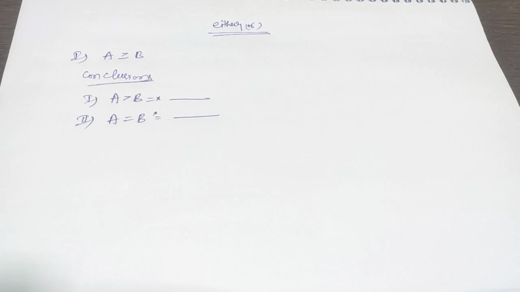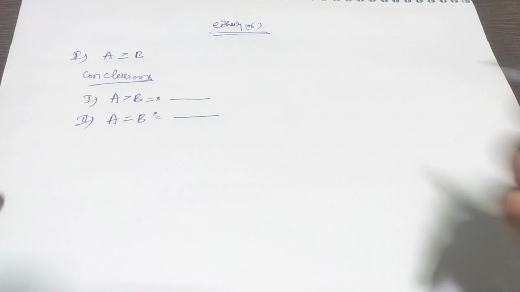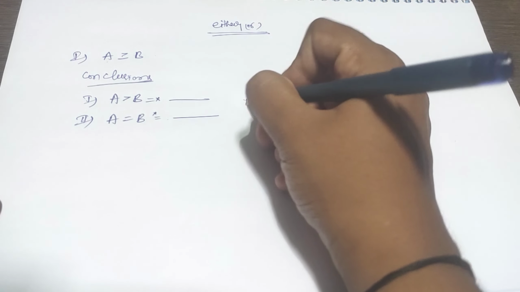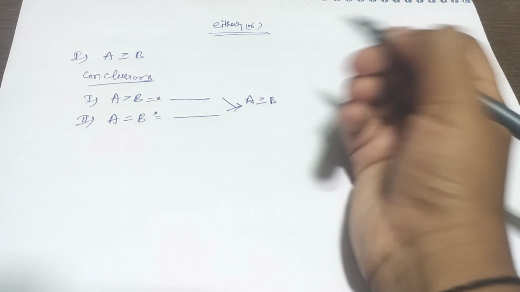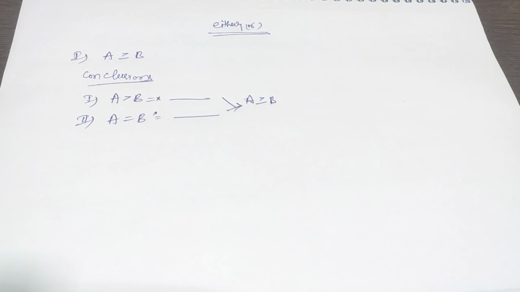If we see any complementary pair like this, we have to combine them. By combining these two complementary pairs, we get A is greater than or equal to B.